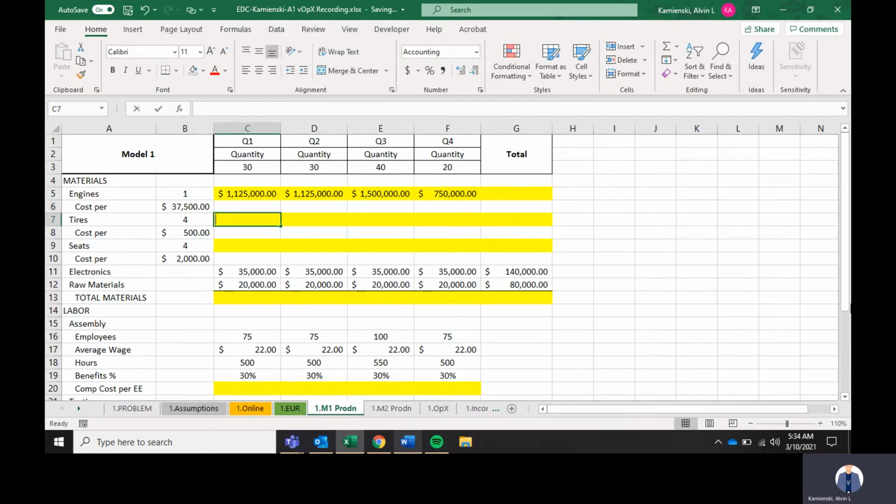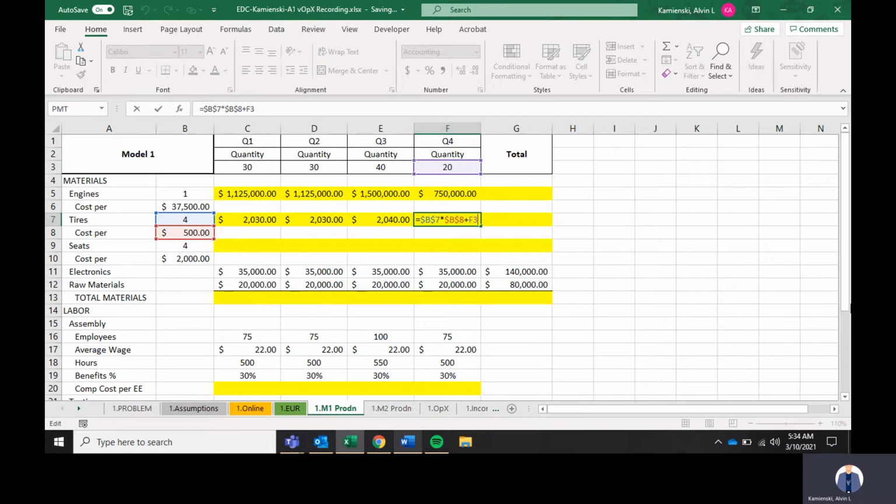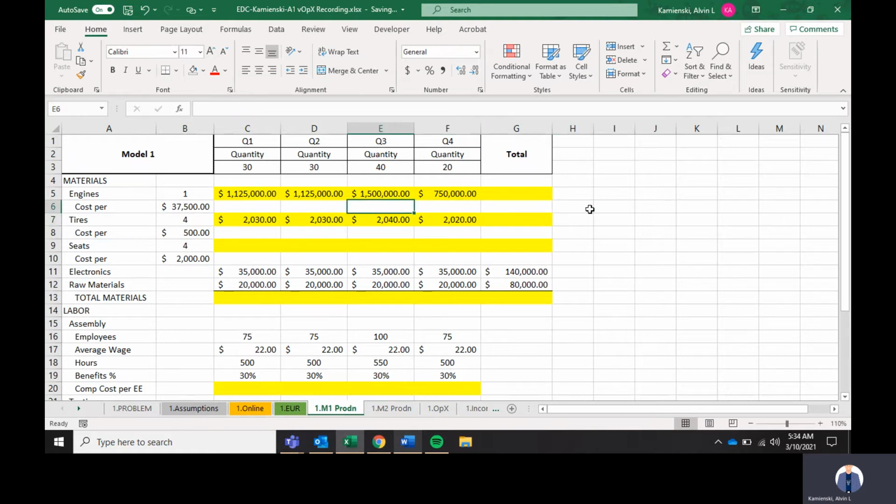Let's do the same thing with tires. I have 4 tires, $500 each. I make 30 cars in quarter one. So my tire costs, if I were to look in quarter four again, I have $2,000 per car that I'm paying in tires times 20 cars should be not 2020. Look at that, I have a bad formula.